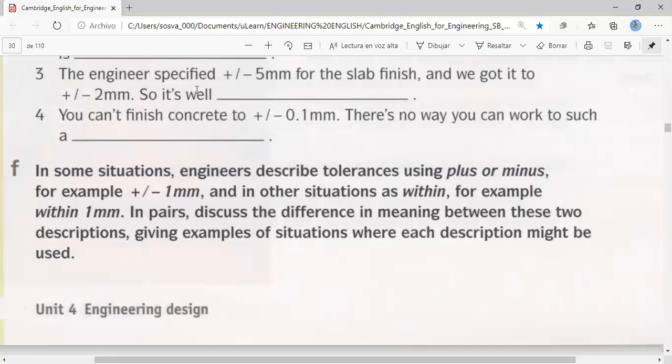Maybe because they have different work areas, maybe because of the project, maybe in concrete they use plus or minus, but in metalworking they use within. It depends on the area, maybe on the material. So write down what within and plus or minus mean. Okay, so that's your homework for tomorrow.